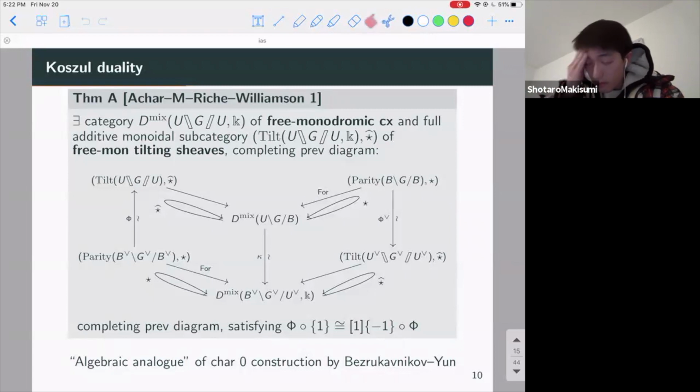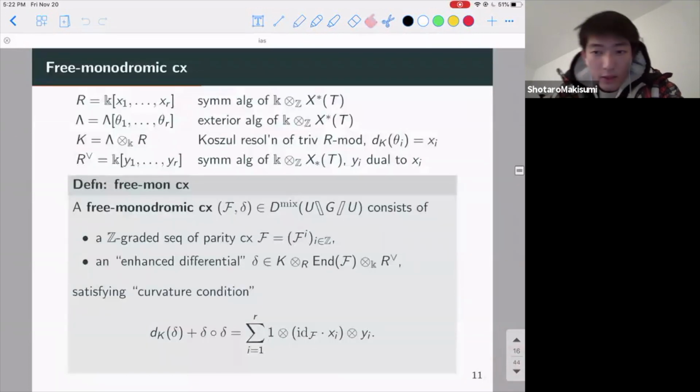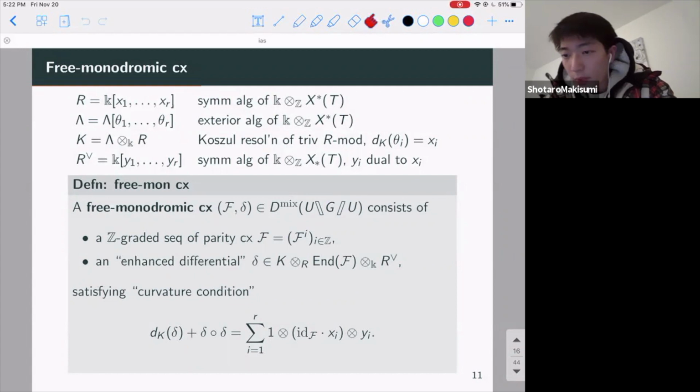And somehow, what we did is to try to give some algebraic analog of their constructions, which still makes sense in positive characteristic. So let me just give a flavor of this algebraic analog.